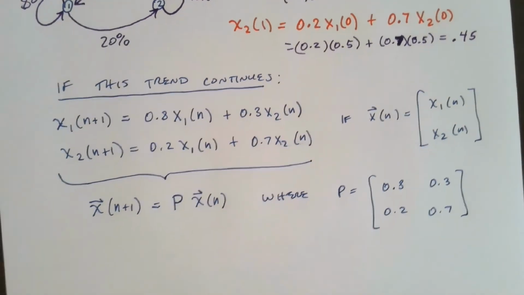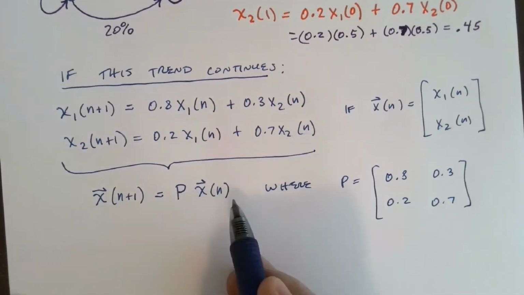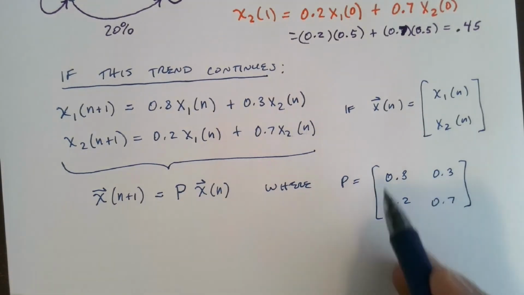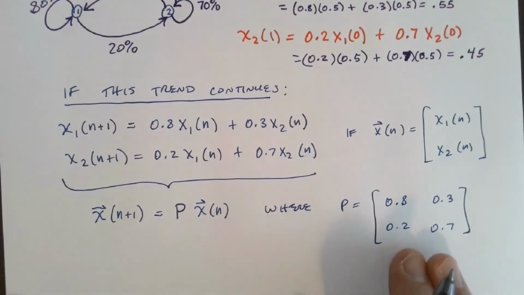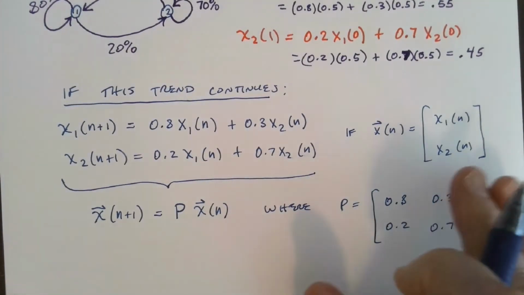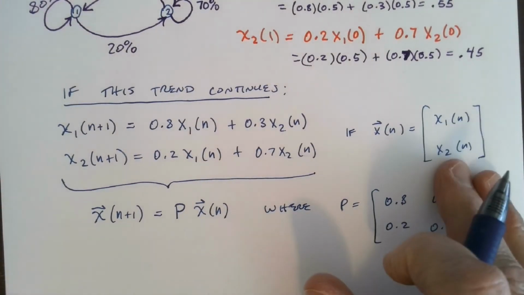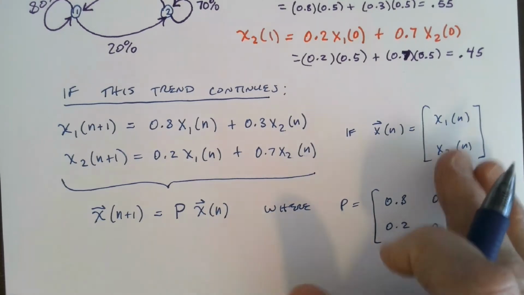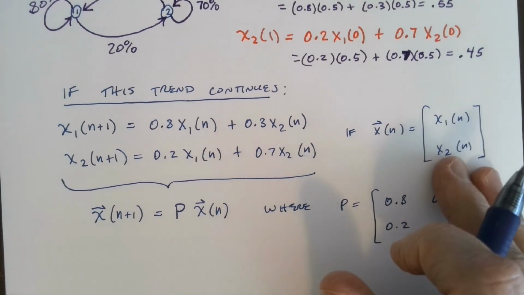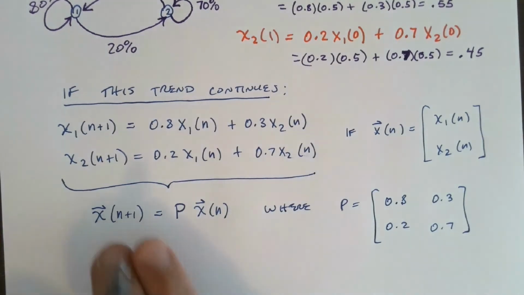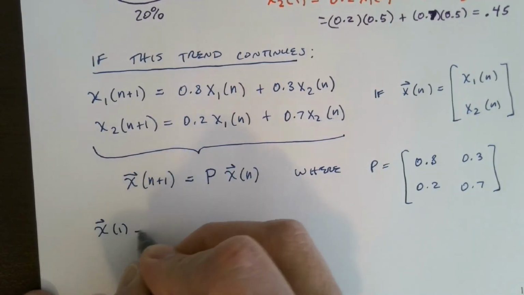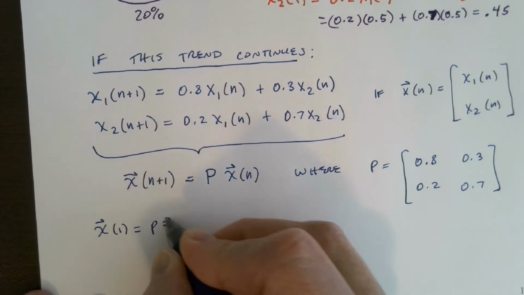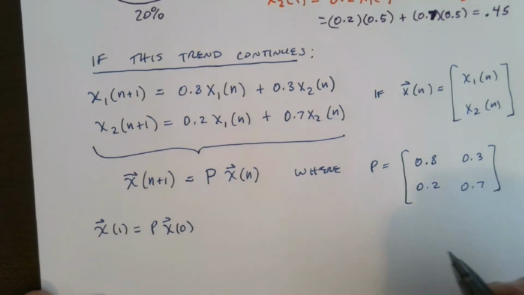And so notice this trend. I can find the next year by multiplying by this matrix. It's almost like a matrix transformation, if you will. I just multiply the previous year's vector, containing the quantities, the percentages for each variable for that previous year, and I'll output the next year's. So for instance, if I want to find year 1, I'm just going to do P times year 0, the initial amount.